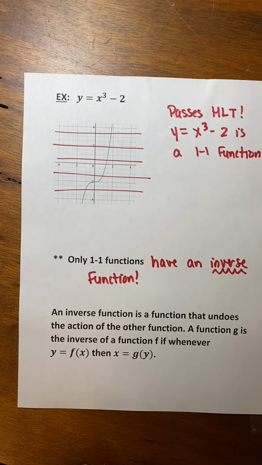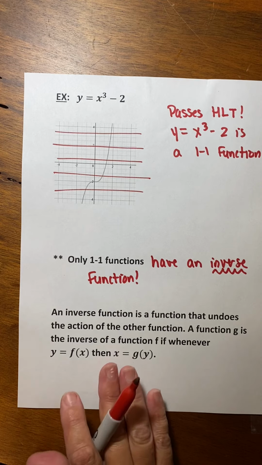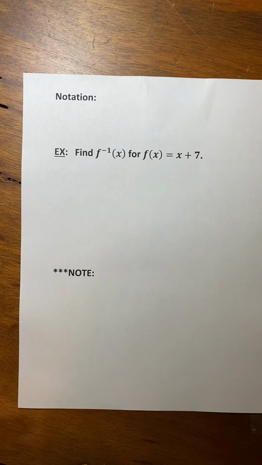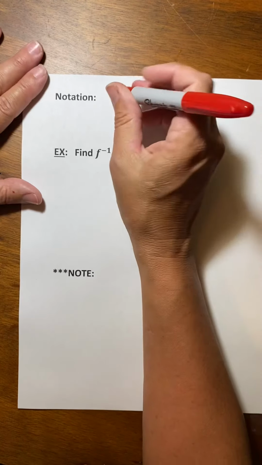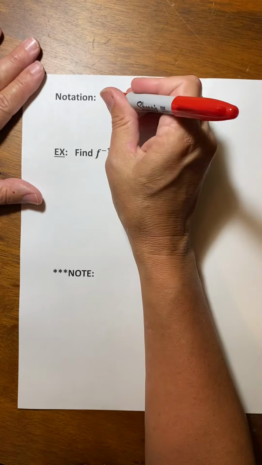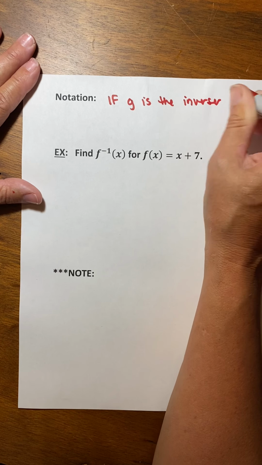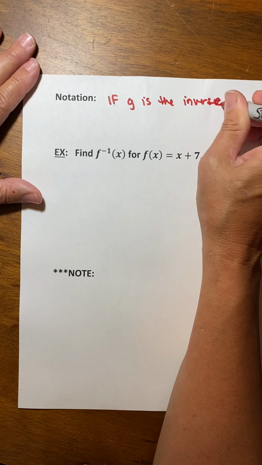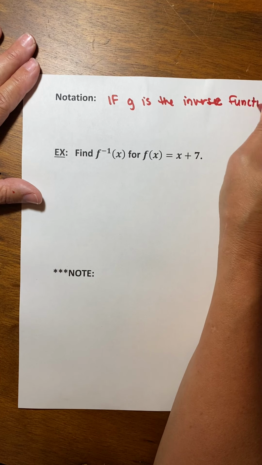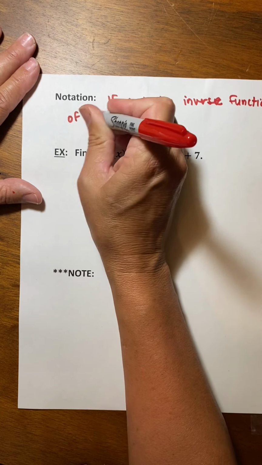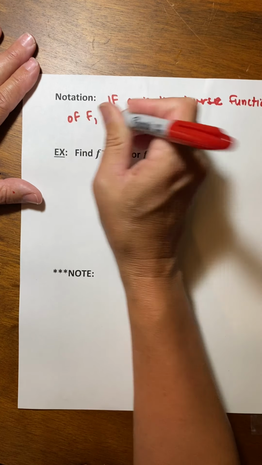All right, so we use a different notation than f and g, though. The notation we use for inverse functions, if g is the inverse function of f, we write g is equal to f inverse.